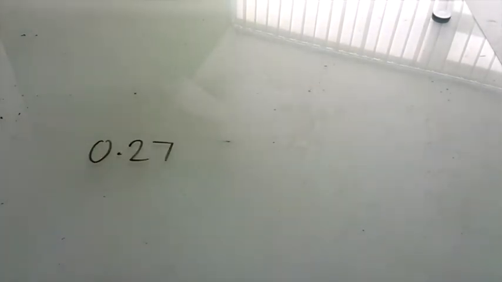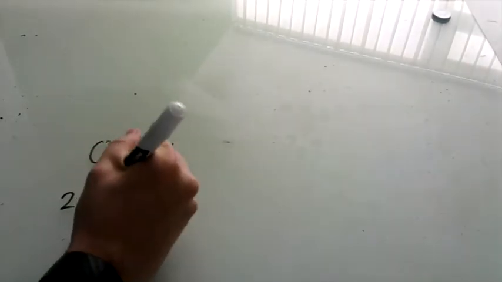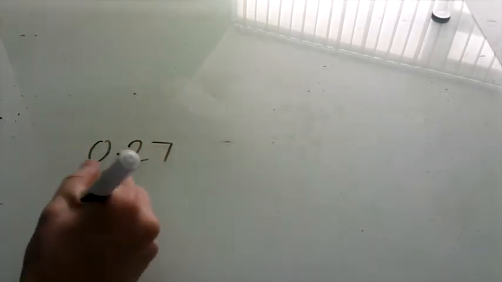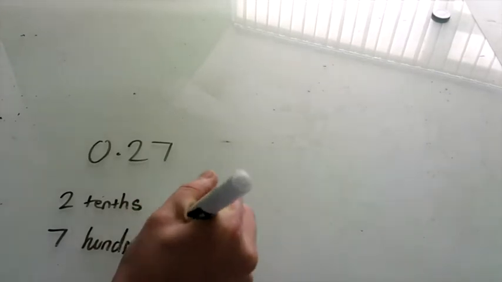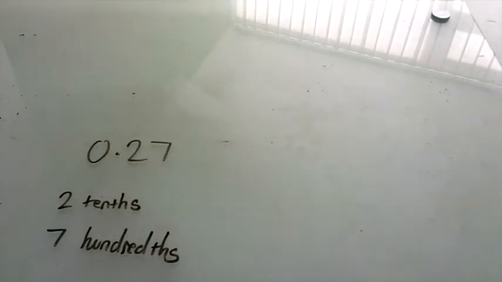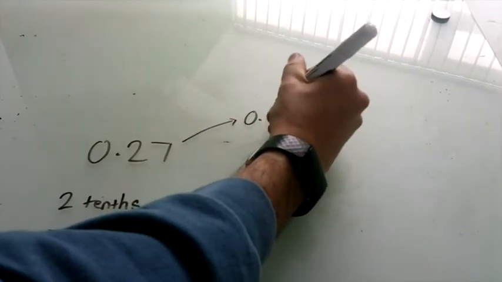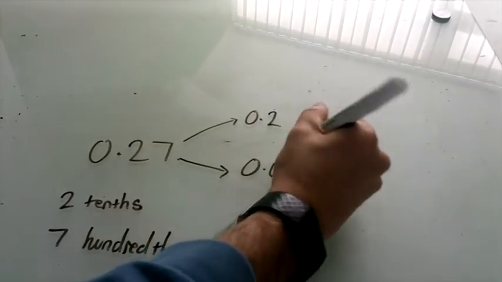0.27. So we've got nothing in the ones column again. We've got 2 in the tenths column. We've got 2 tenths. And we've got 7 in the hundredths column, if we're to partition it. Because this is really 0.2 and 0.07.